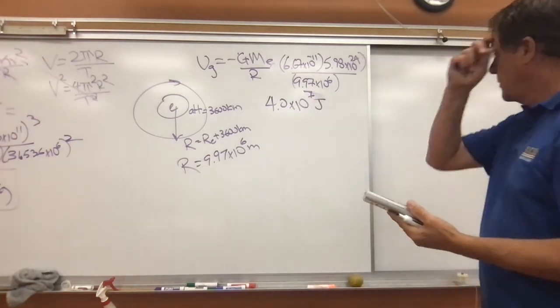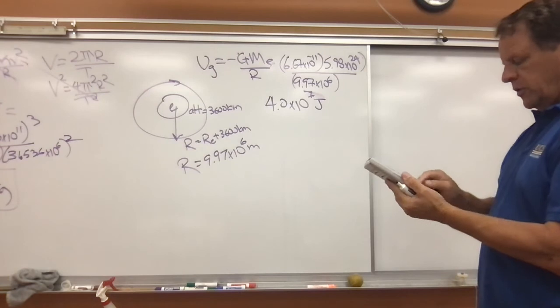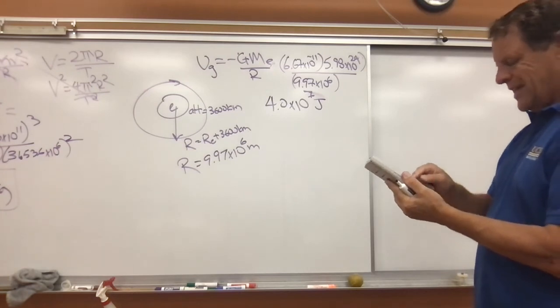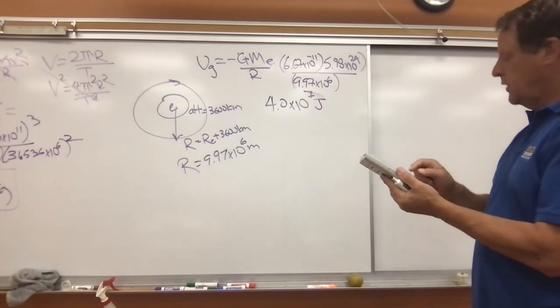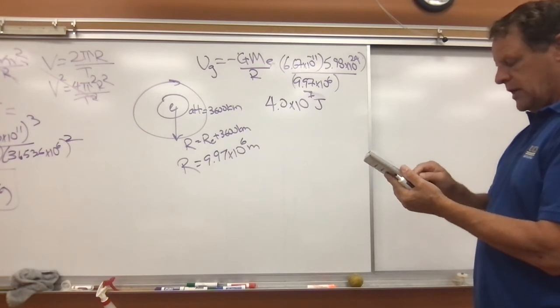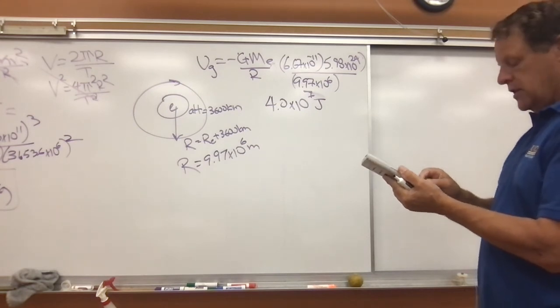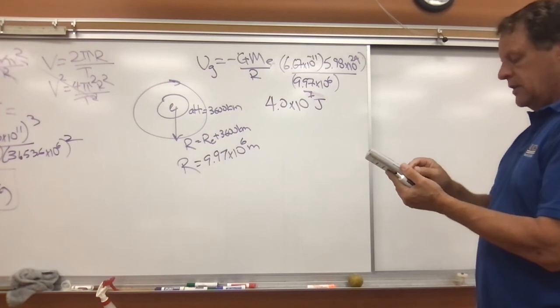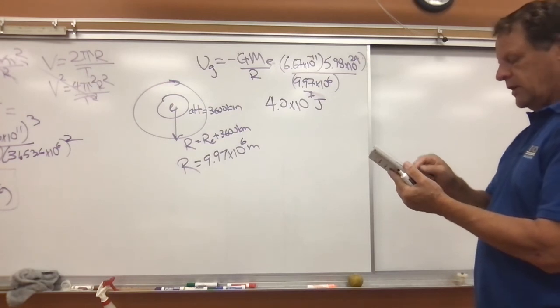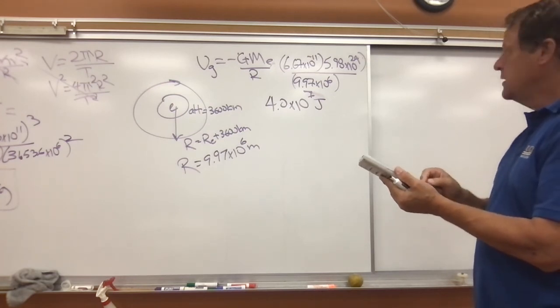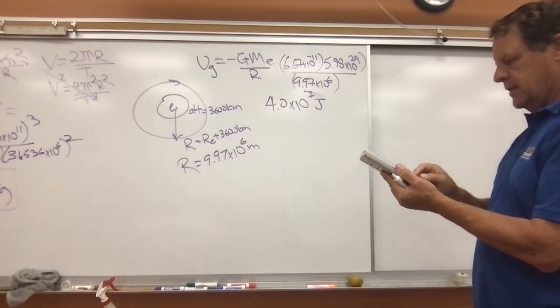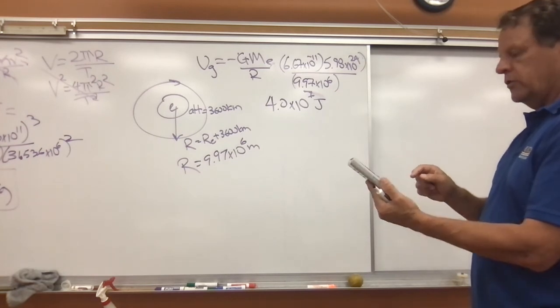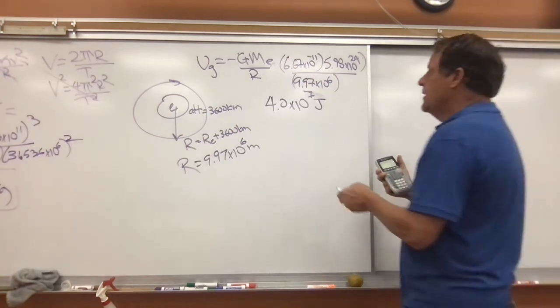You guys, I just want to double check that. 6.67 times 10 to the negative 11th times 5.98 times 10 to the 24th divided by 9.97 times 10 to the 6th is equal to 4 times 10 to the 7th. Okay, that's going to be joules.